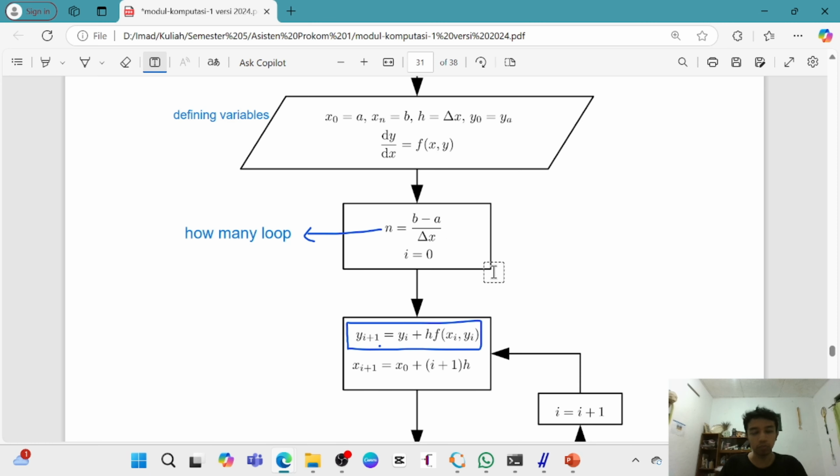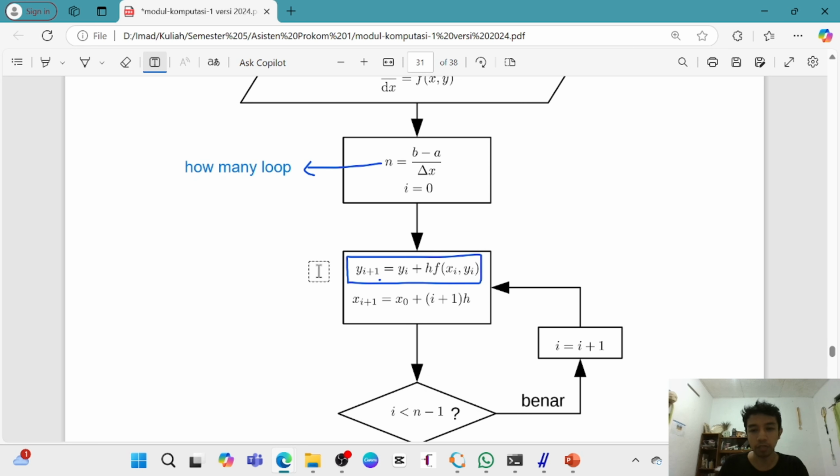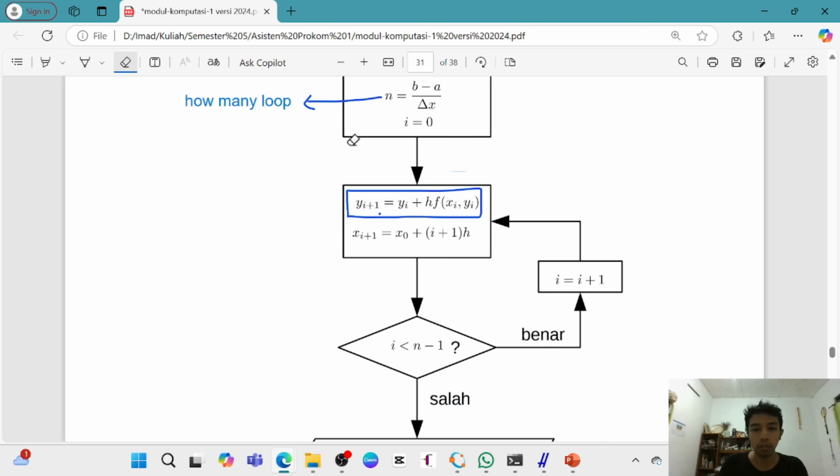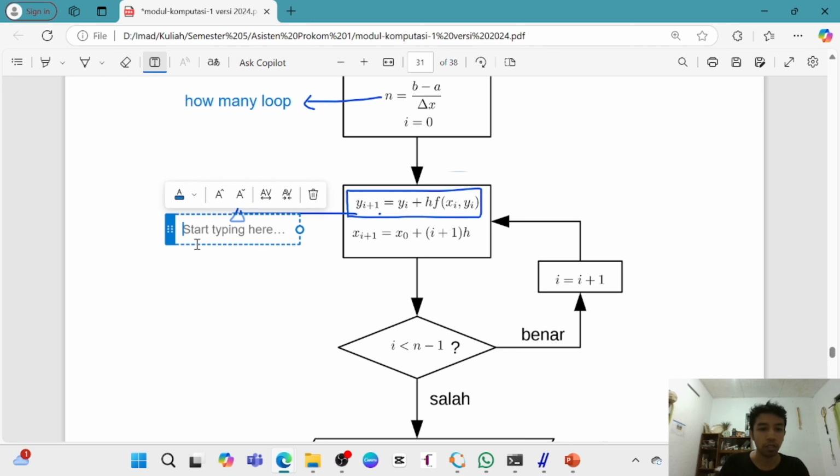How many loops do we want? This is the loop. Inside the loop we put the Euler equation.